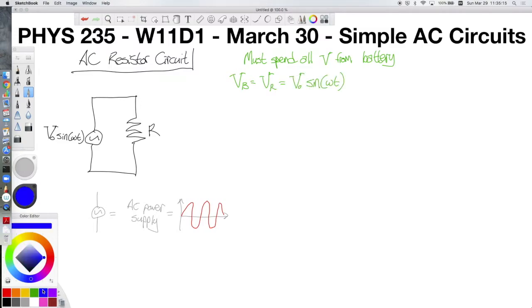And then Ohm's law still applies, so we still have that the voltage across the resistor is the current times the resistance, from which we can find the current through the resistor, lowercase I, specifying that this is an instantaneous value as a function of time. It will be equal to the resistor voltage as a function of time divided by the resistance, which is constant, which gives us V0 over R times sine of omega t, which we will call I0 sine of omega t.